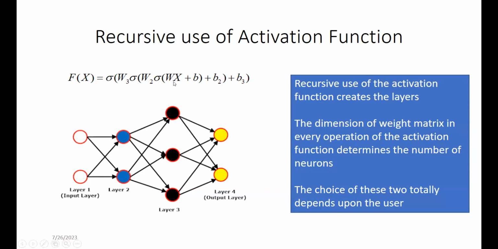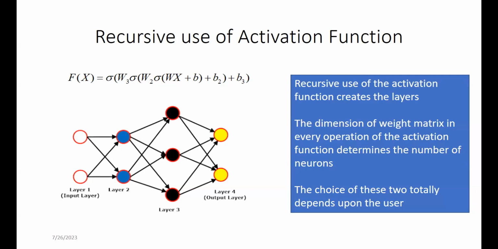Once you pass it, you get some values, and whatever values are achieved, you again multiply with the updated weight matrix and bias vector, which I am calling here W2 B2. You get a value again, pass it into the activation function using the further created weight matrix and bias vector, and sequentially keep on doing it.